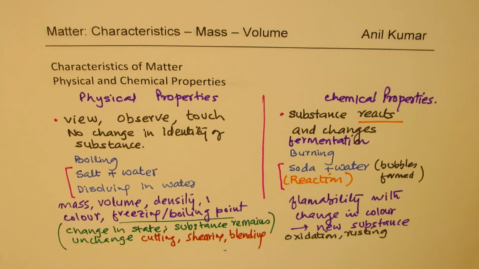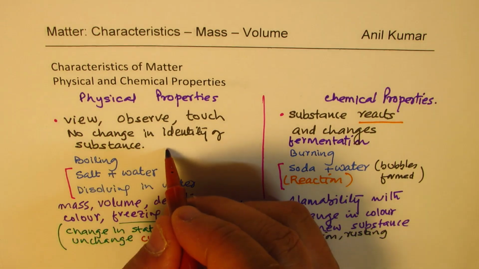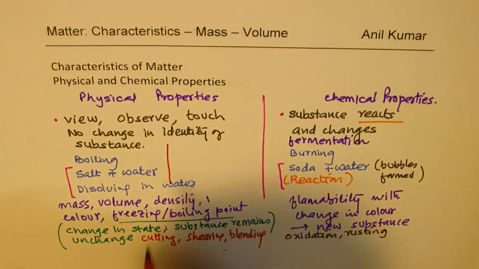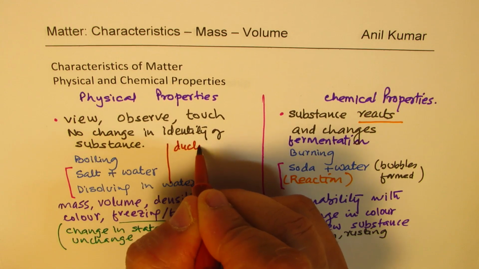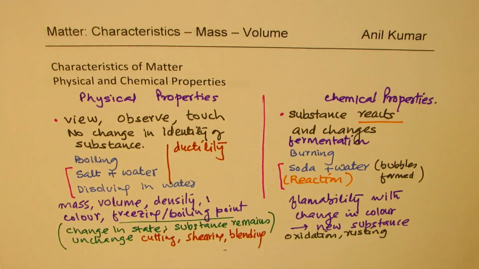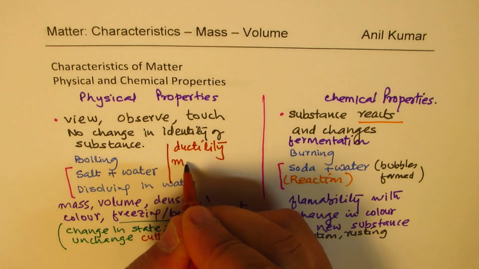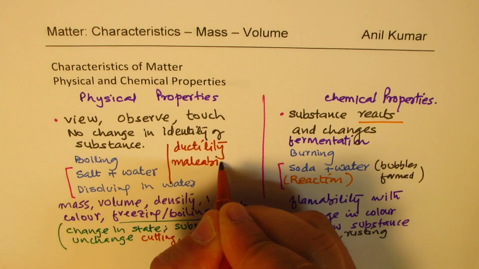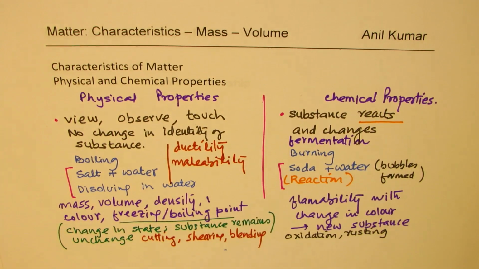Correct? So when we beat up something, there is drawing, ductility. There are other very good properties. Let me write down ductility, shearability, right? Malleability. That means you can beat a metal up and make sheets out of it, right?